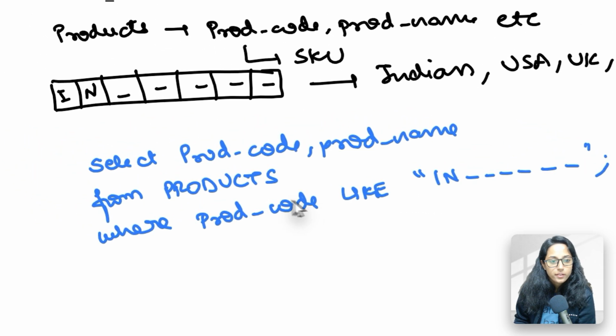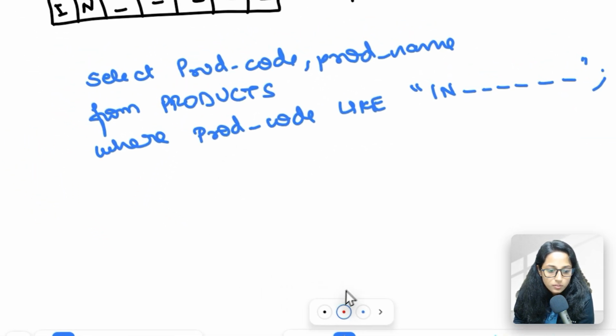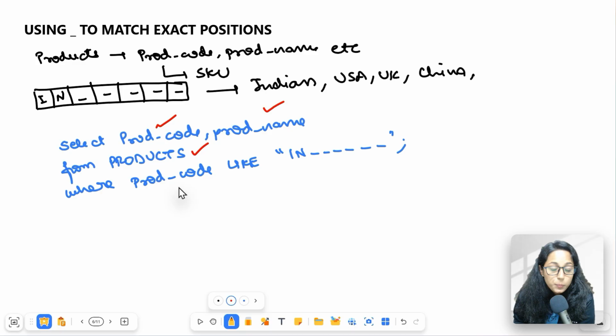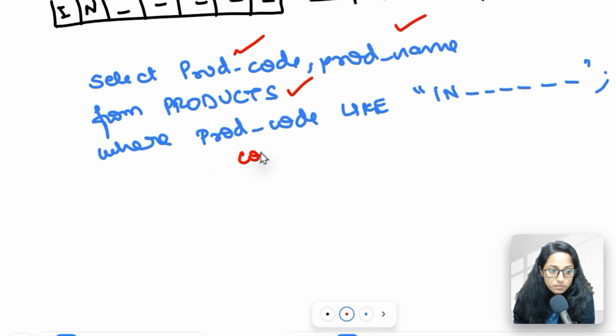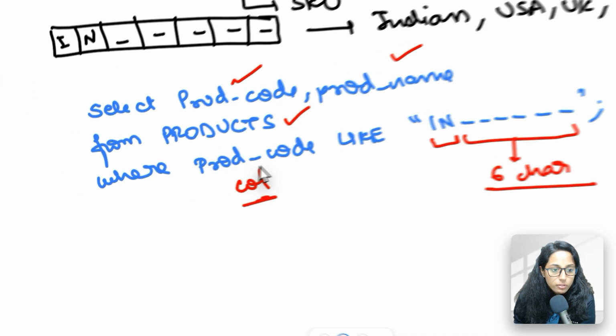What this will do is give us the product code and product name from our products table. It will compare the product code column with the names starting with IN. And if you see, we have 6 characters here, so it will compare these characters along with my product code.